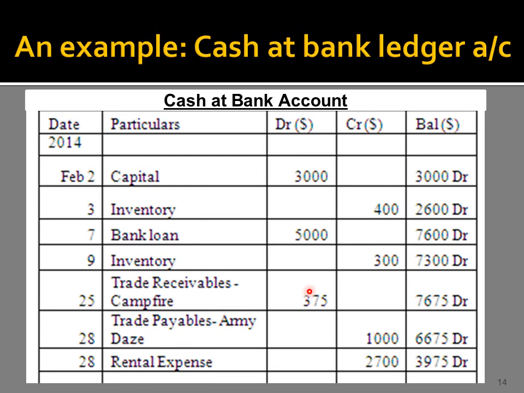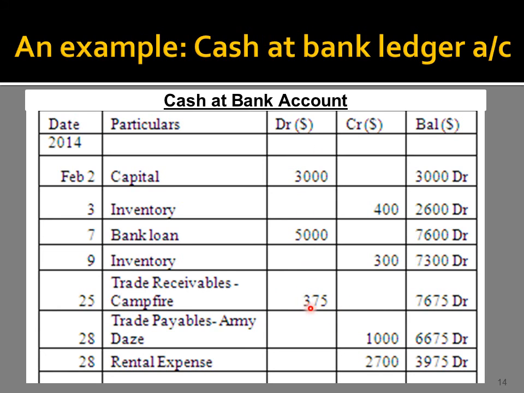If we see that the cash at bank account is debited by $375, and we want to know why, we look at the particular section for the reason. We can see that there is trade receivables campfire account here. What it means is the business has actually sold some goods on credit, and when the cash at bank account is debited, the cash at bank account has increased.